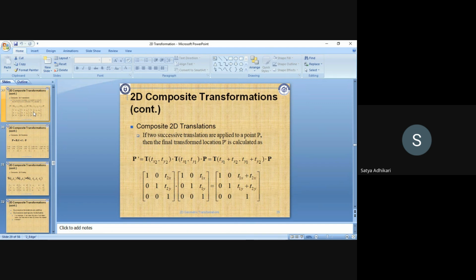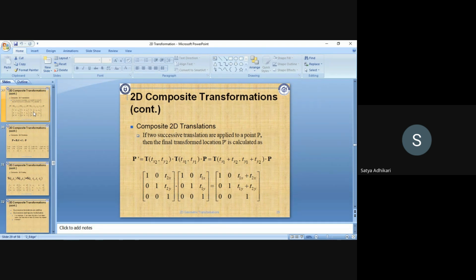Composite 2D translation. If two successive translations are applied to a point P, then the final translated location P dash is calculated as follows. Suppose we have to apply two translations, T1 and T2. So P dash equals T(x2, y2) dot T(x1, y1) dot P. We know 1 0 T2x, 0 1 T2y, 0 0 1 dot this, and we will get at the end 1 0 T1x plus T2x, 0 1 T1y plus T2y, then 0 0 1.